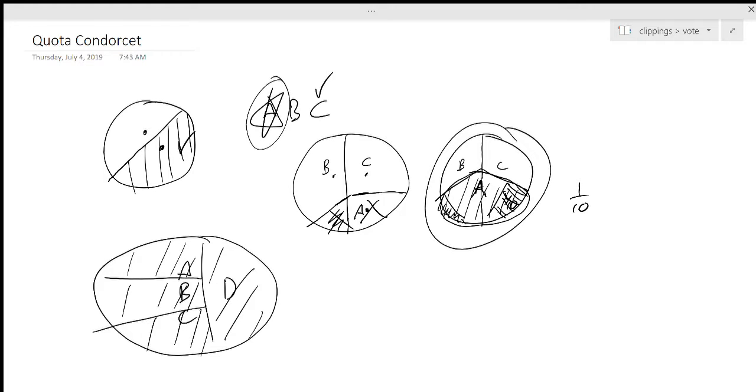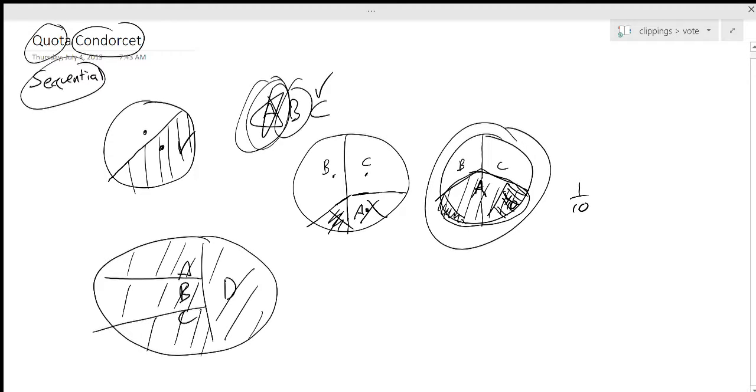So this is, I guess I should write sequential, because it's also sequential. This isn't the name of a method, this is just two properties of the method, or 3 properties. The fact that it's using a quota, that it's a sequential process, you pick one candidate at a time, then the next, and that it's a Condorcet method.